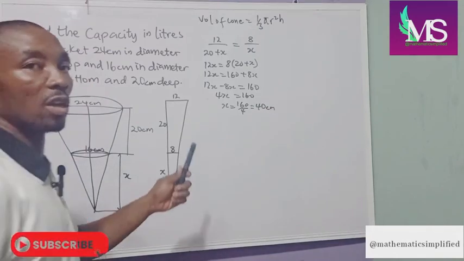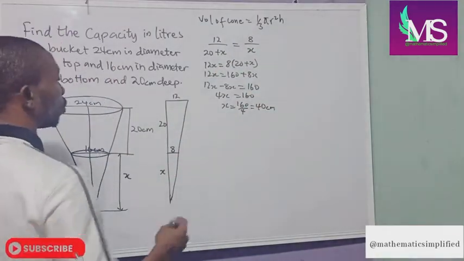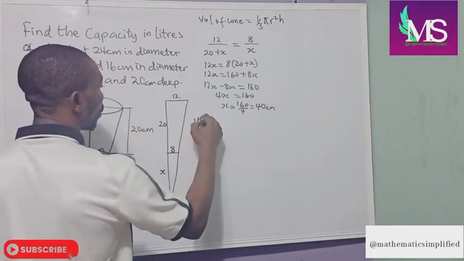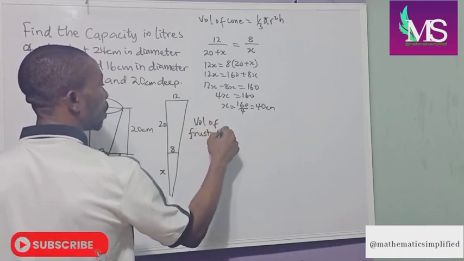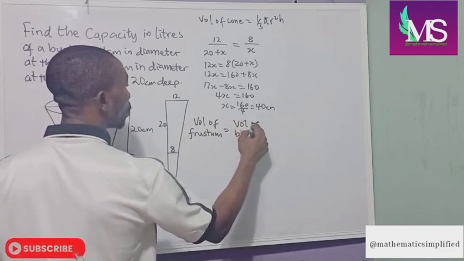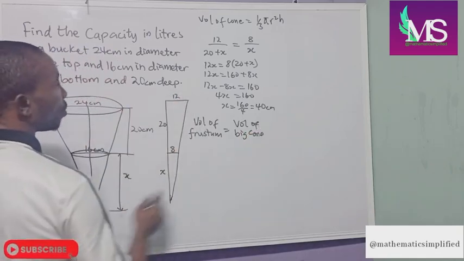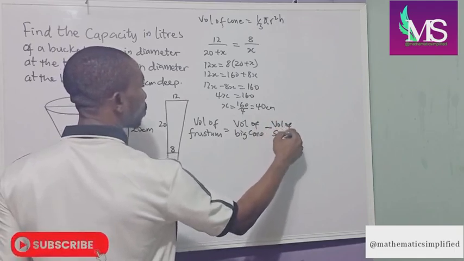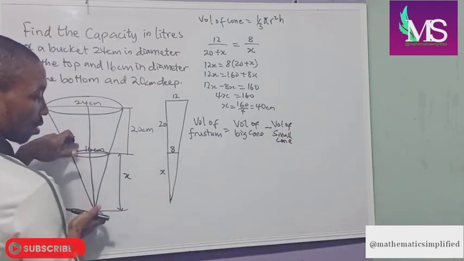Now getting back to our formula of cone, for us to find the volume of this frustum, we'll use volume of frustum. Volume of frustum will be volume of big cone, which is the entire cone, minus volume of small cone, which is this.